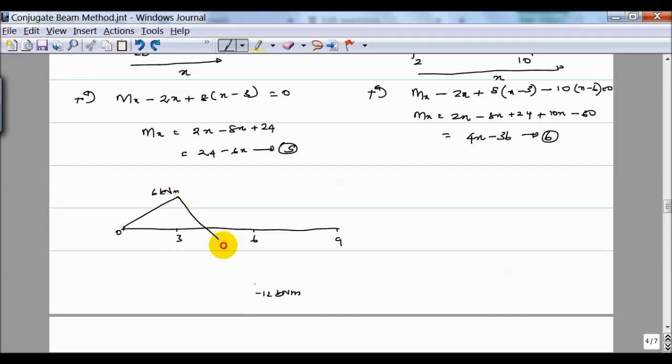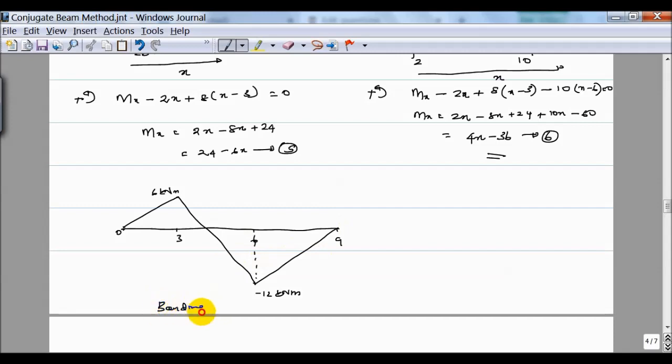It's a linear curve, something like that. Then for 6 to 9, equation 6 is valid. If you substitute 6 here, 24 minus 36, minus 12. If you substitute 9 here, 36 minus 36, 0. So it's again another linear curve.